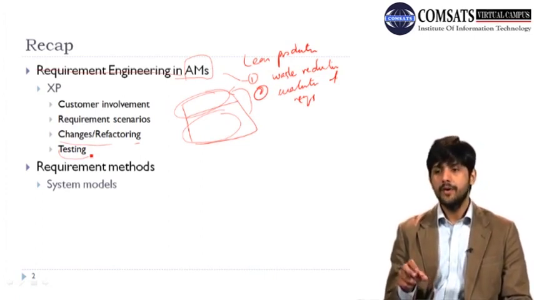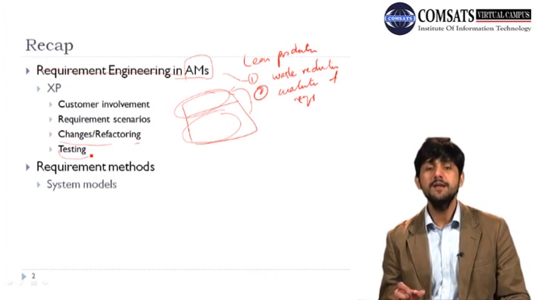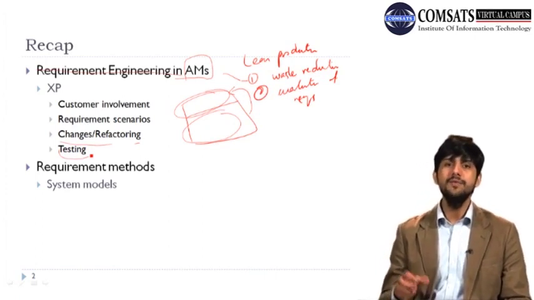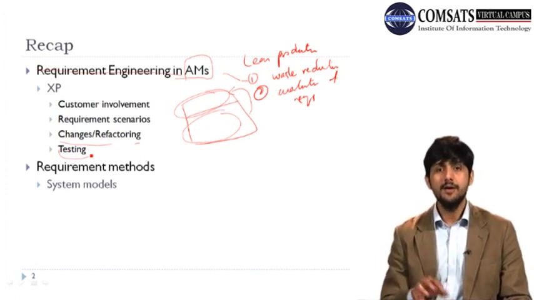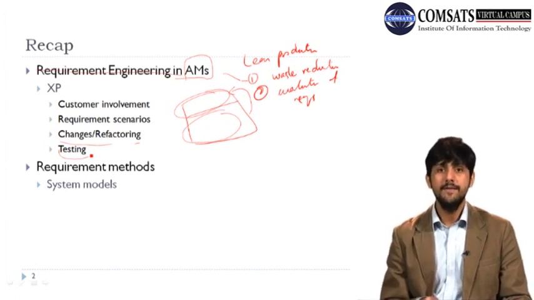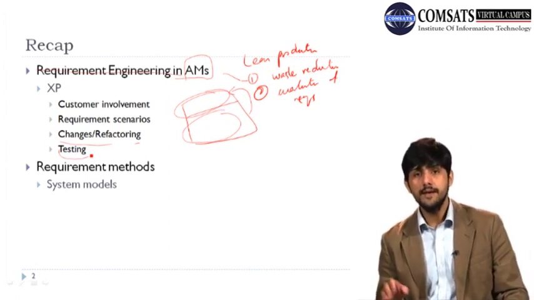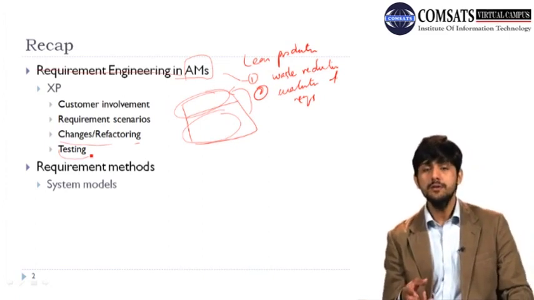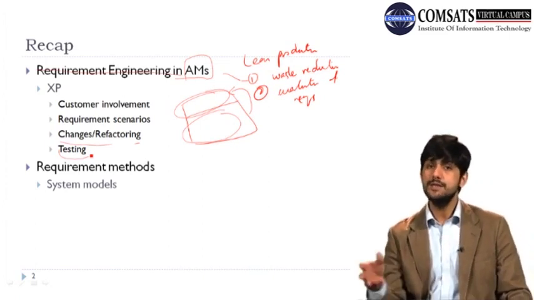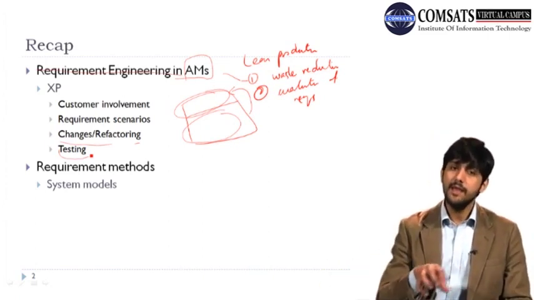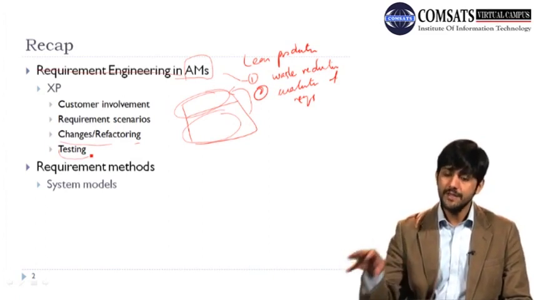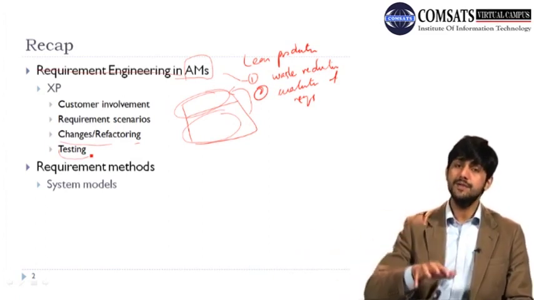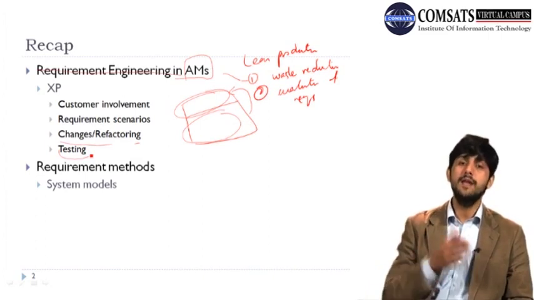It's just that they have different names, they have different definitions, and the amount of detail is different, but they are all there. So there is elicitation, there is elaboration, there is specification, there is negotiation, there is validation, and there are changes as well. So they have all these processes. So all that information is useful, even if you are using these agile methodologies. They are just different names for it.